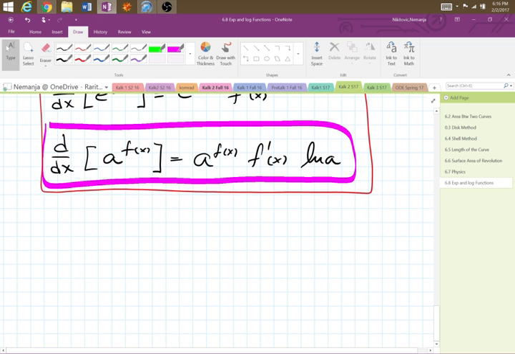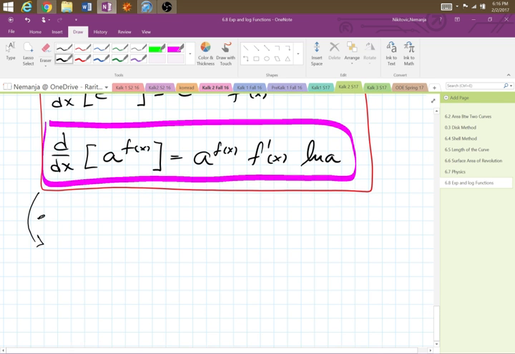So now you are ready to take, what is the derivative of 16 to the x squared minus cosine x? Because we can. As Nike will say, just do it.